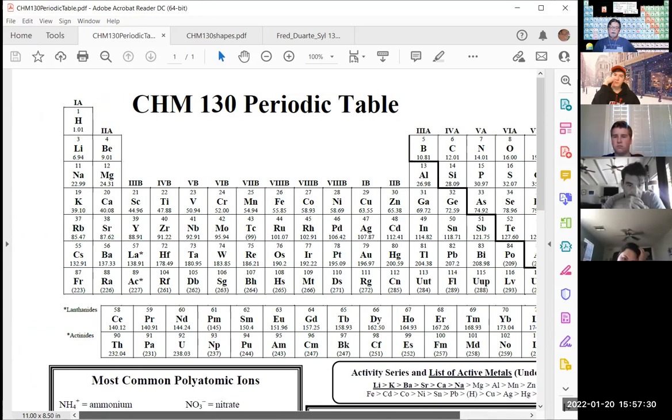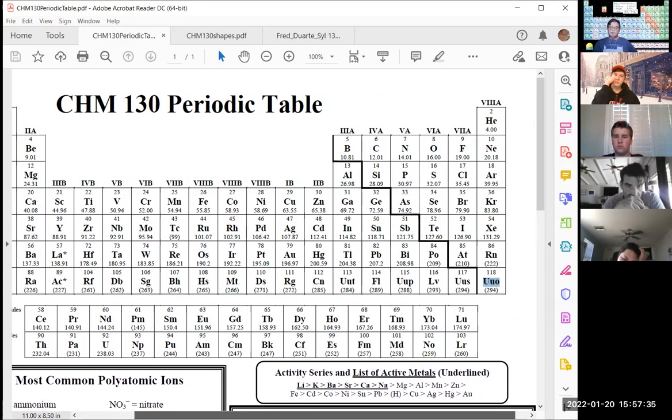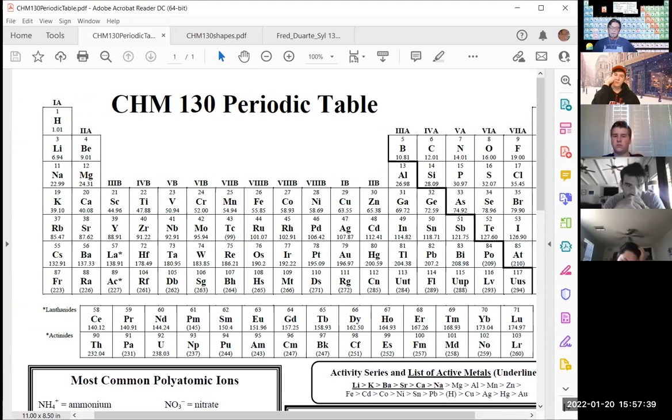Each one has its own unique symbol. Some of them have one letter, some have two letters. But for the ones with two letters, note the first letter is capitalized and the second letter is lowercase. For example, Be, which is beryllium, capital B, lowercase e. Others have a single letter: K for potassium, Li for lithium, and so on.